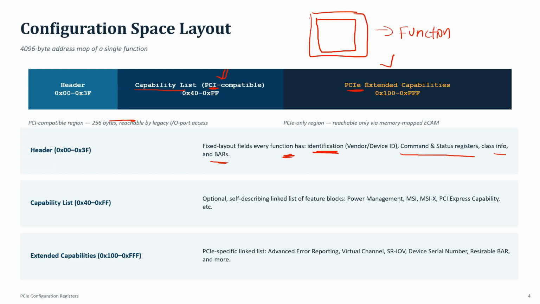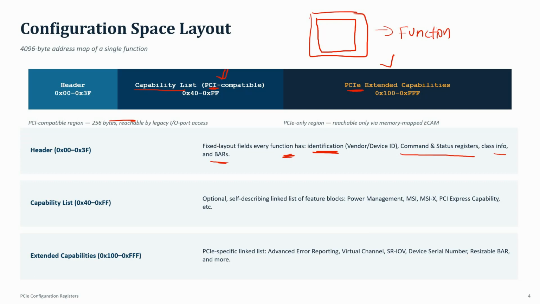The very first one is the header, and the header is divided into two categories: type 0 and type 1. Depending upon what kind of device you use, you use either the type 0 header or the type 1 header. Type 0 and type 1 have common registers, and type 0 has its own set of registers, whose meaning you can refer to when working with an endpoint like a PCI device.